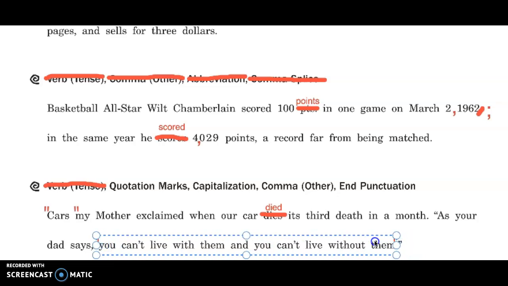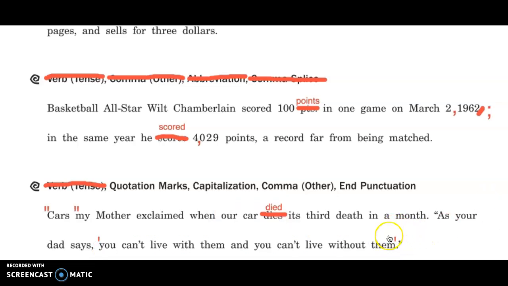So I have a single quotation mark at you and also another single quotation mark after the word them. Now this looks kind of weird because we have 3 quotation marks there, but again, it's important that we show that we have a quote within a quote. Adding those quotation marks takes care of that.